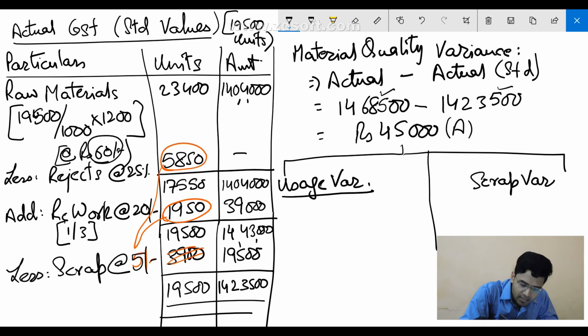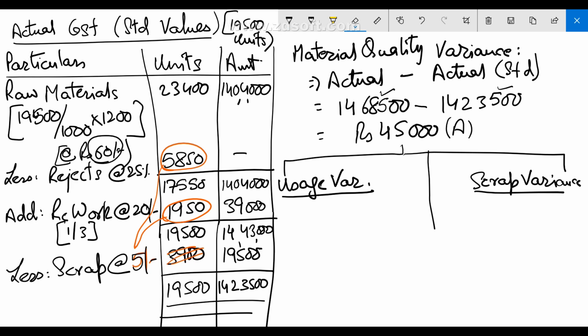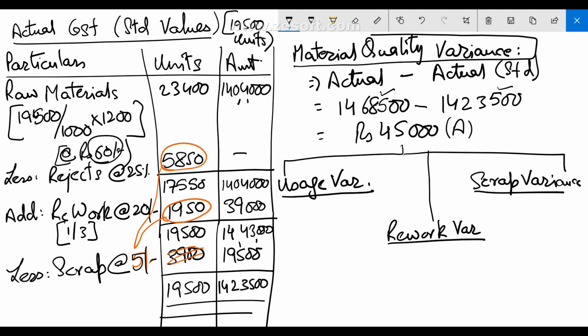Other two variances will be scrap variance and rework variance. So these three variances will accumulate to form the material quality variance, which is the main head.